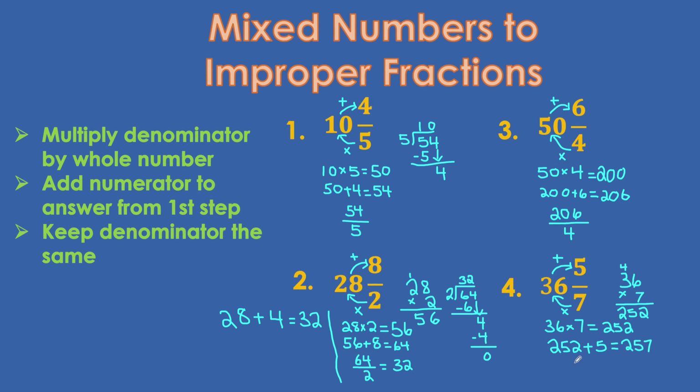And then you will just put 257 over the denominator, which is 7. So our final answer is 257 over 7.